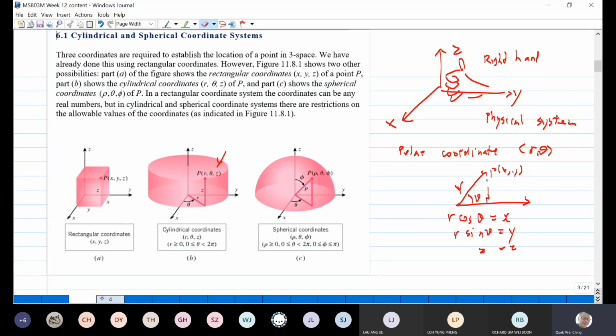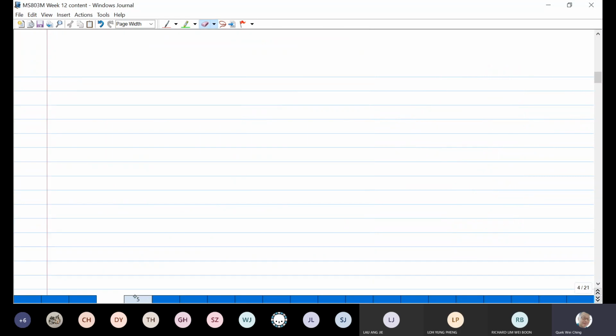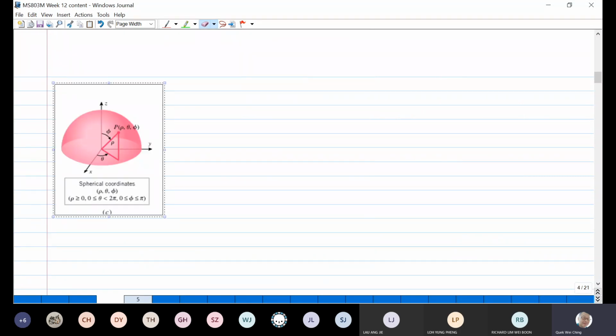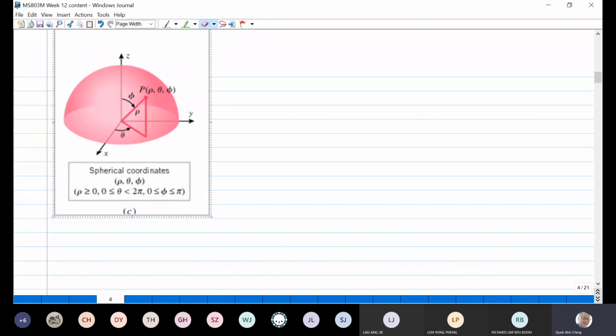Copy here for the spherical coordinate system. Now I explain to you. Let me see the messages. Any messages? I think there are two messages. Anything?